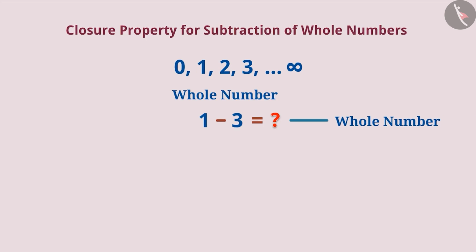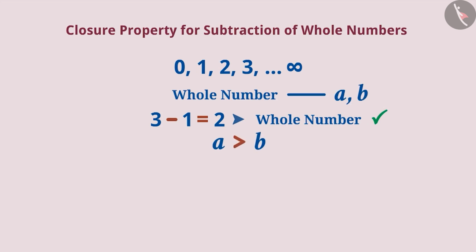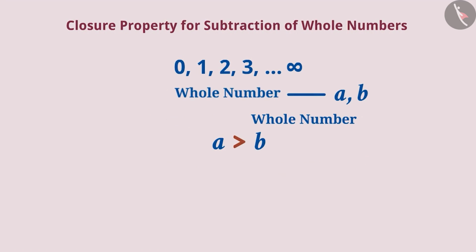Think about it. If we subtract a smaller whole number 1 from a larger whole number 3, then definitely we get a whole number 2. Therefore, if a is larger than b, then a minus b will be a whole number. But if we subtract a larger whole number 3 from a smaller whole number 1, the same is not possible.